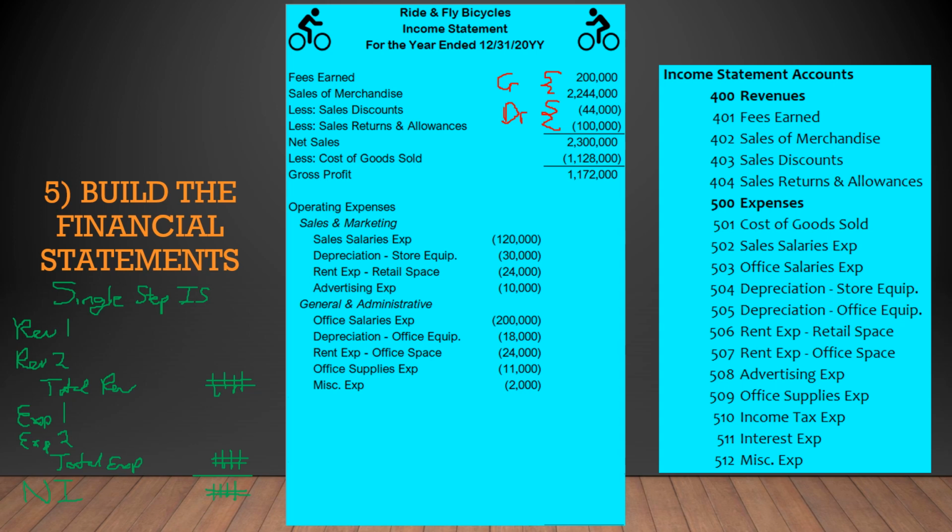Similarly, depreciation on office equipment, rent on the office space, and office supplies are all related to G&A expenses. Another way of thinking about these two subcategories is that those expenses that occur in a retail space are sales and marketing, and those that occur in the corporate office are G&A.